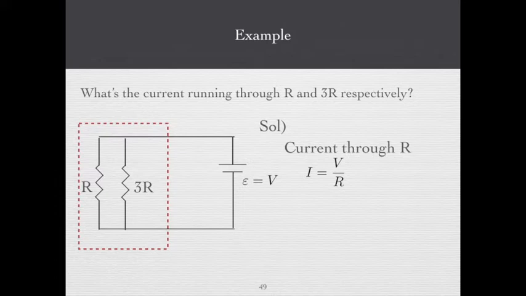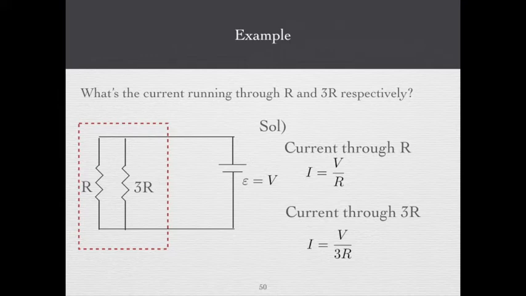So the current going through this resistor R is going to be V, the voltage of the battery, over the resistance R. Same for the other resistor, except the resistance in this case will be 3R.